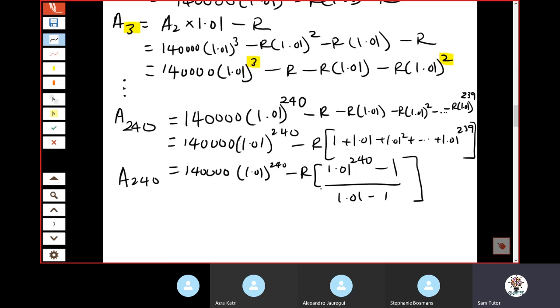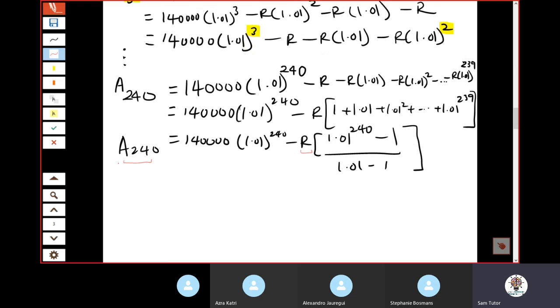Now, we're literally almost there. You can see the problem is I've got 2 unknowns. I've got A240, that's unknown, and I've got R, that's unknown. The question was to solve for R. So somehow this guy's got to disappear.